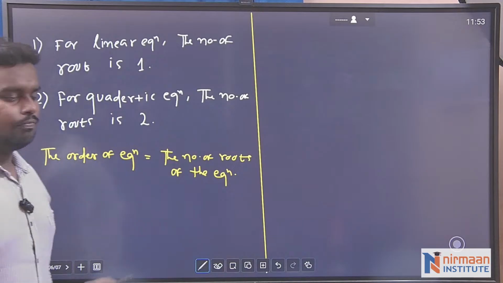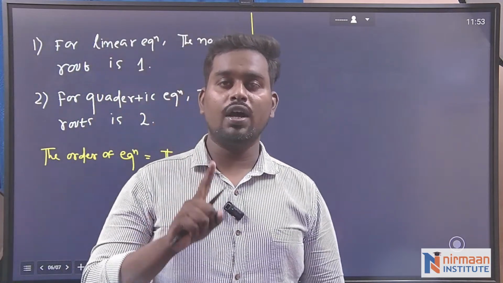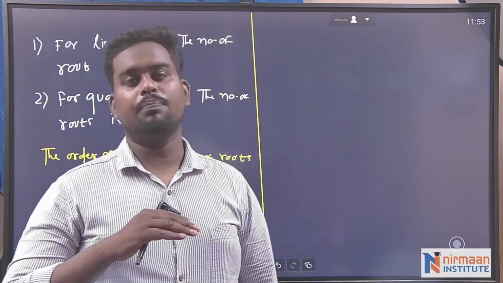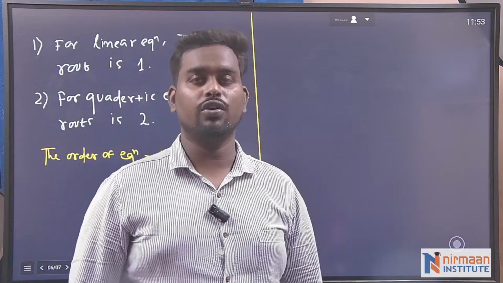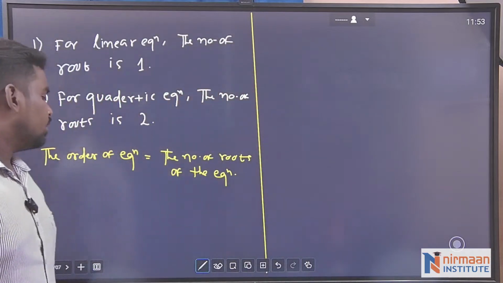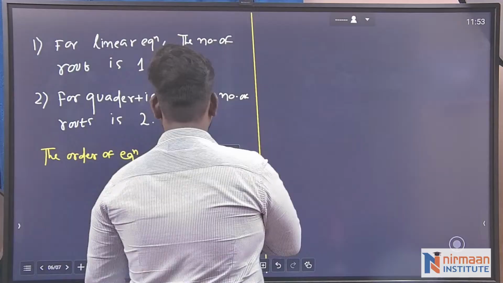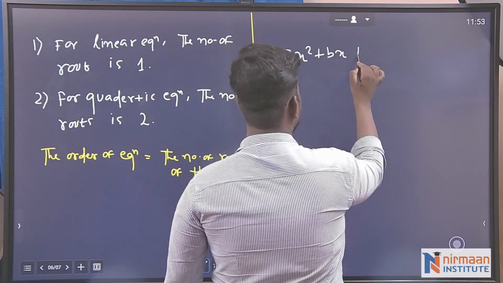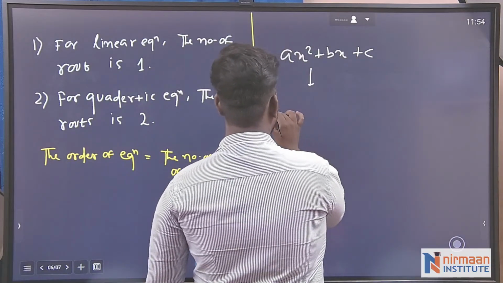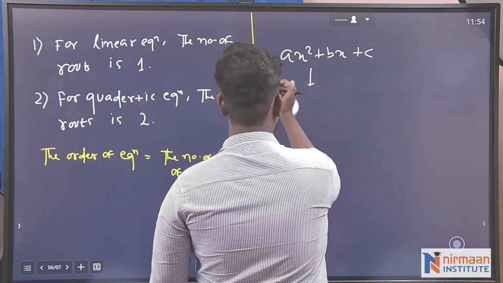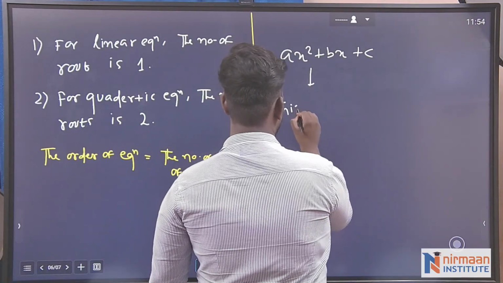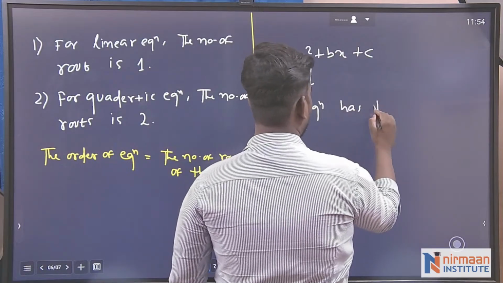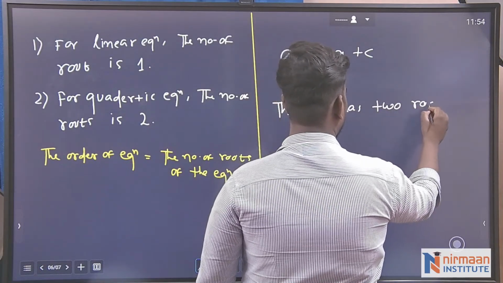So for a linear equation, the number of roots is 1. For quadratic, it is 2. For cubic, it is 3. And if the power keeps going, the number of solutions keeps going. So if there is a quadratic equation, ax square plus bx plus c, this equation has two roots, right?